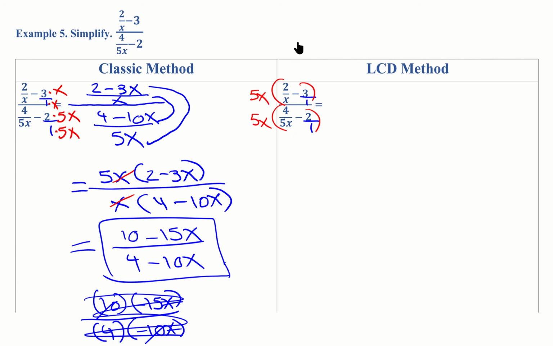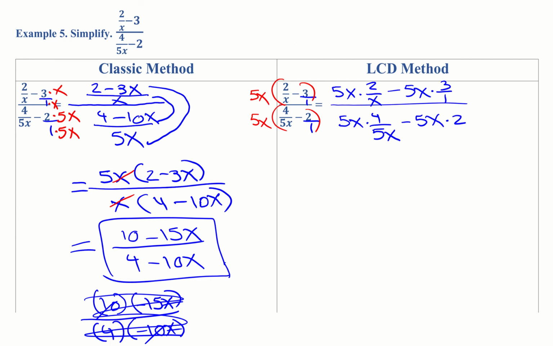So of course we're going to distribute now. We're going to have 5x times 2 over x minus 5x times 3 over 1. Downstairs, we're going to have 5x times 4 over 5x minus 5x times 2.